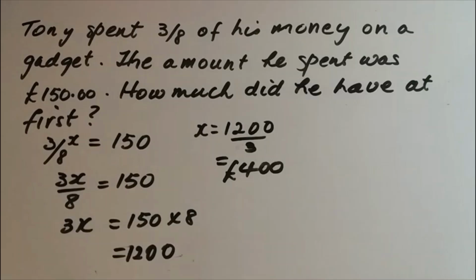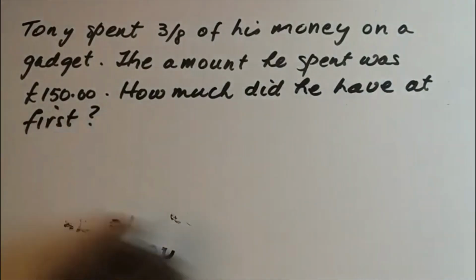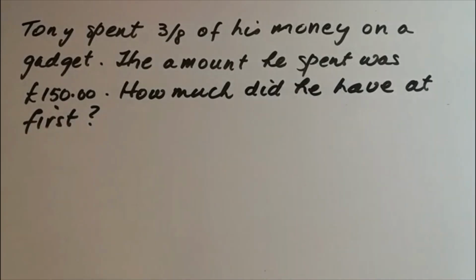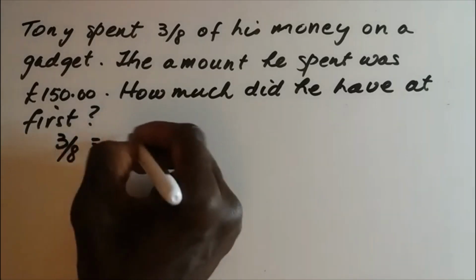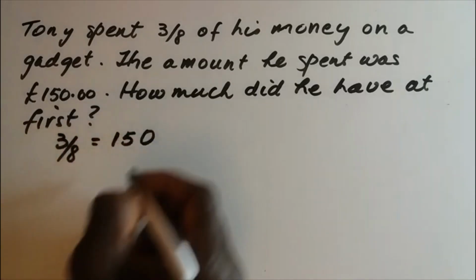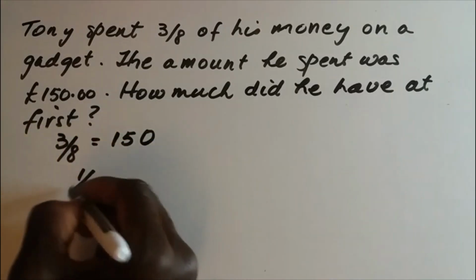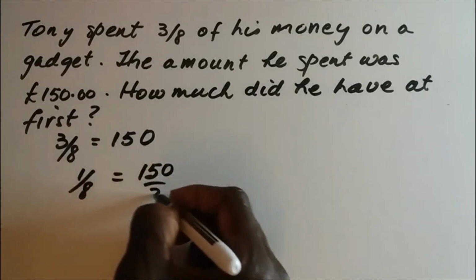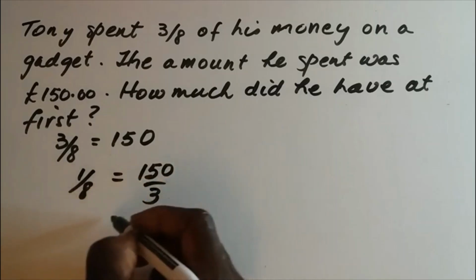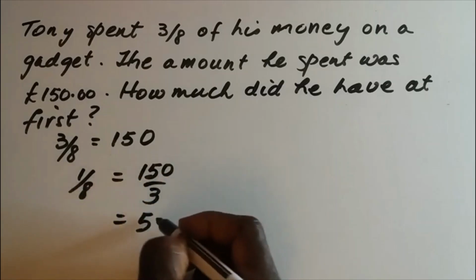Another approach would be to consider that 3/8 is equal to 150. We can find 1/8 by dividing 150 by 3, that gives us 50.